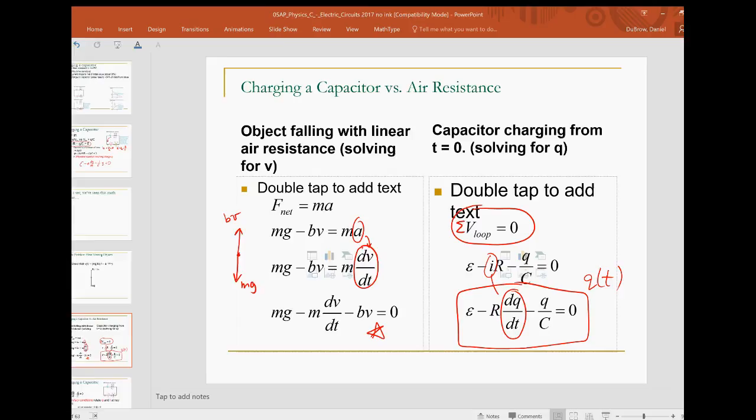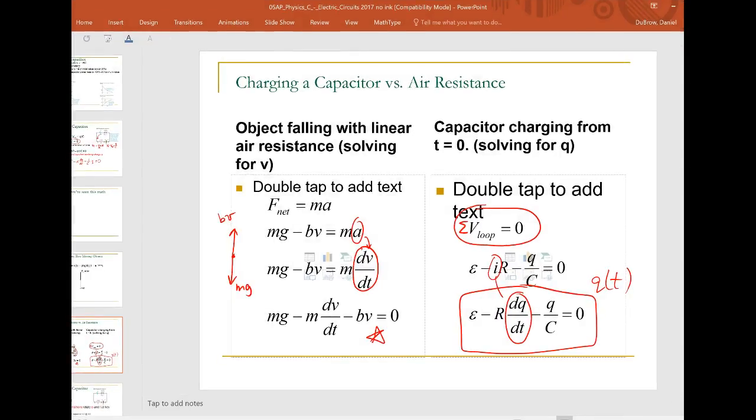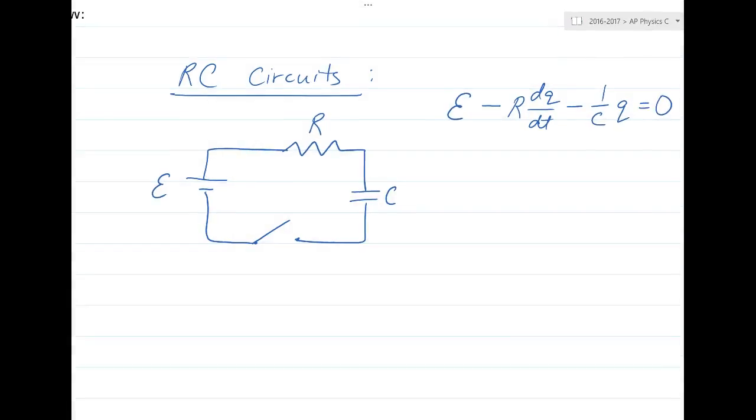Let's just check and make sure that that was right. E minus R dq dt minus Q over C equals 0. Looks right. The first thing we're going to do is multiply through by the capacitance C. And this is going to give us the time constant right here. There's RC, and there's dq dt.